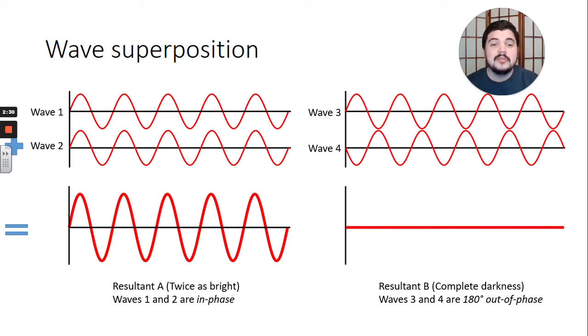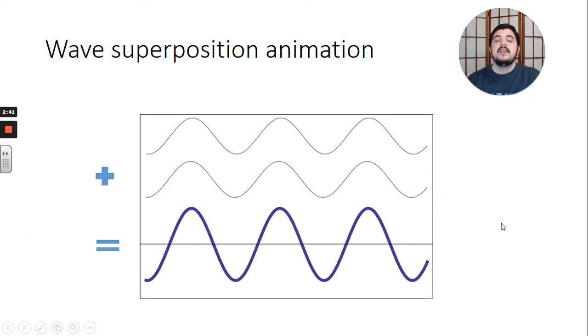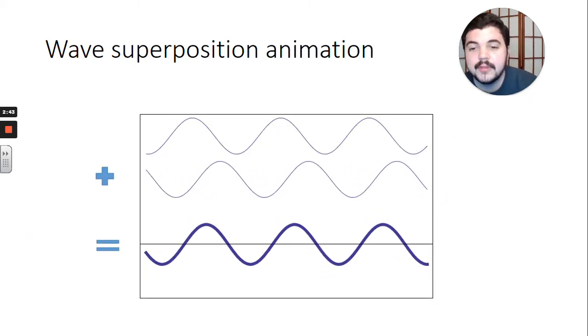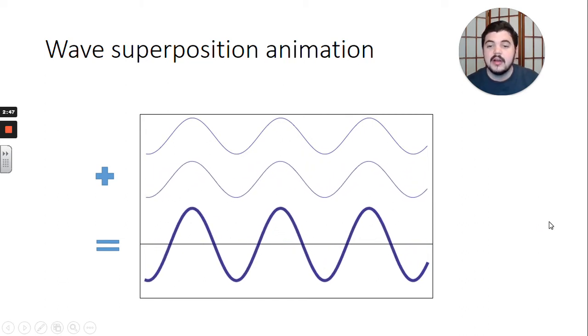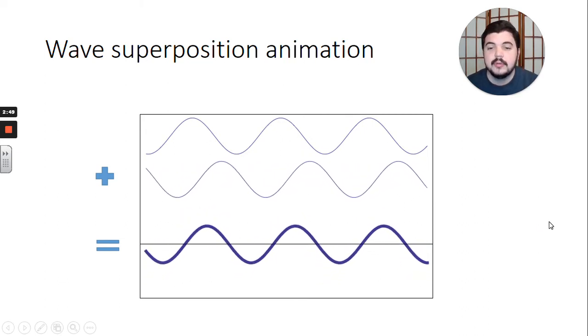So you take those two light waves, they're out of phase, you add them together, you get darkness. The next slide has an animation of this. The top wave is stationary, we slide the second wave along, and then their sum is shown below.